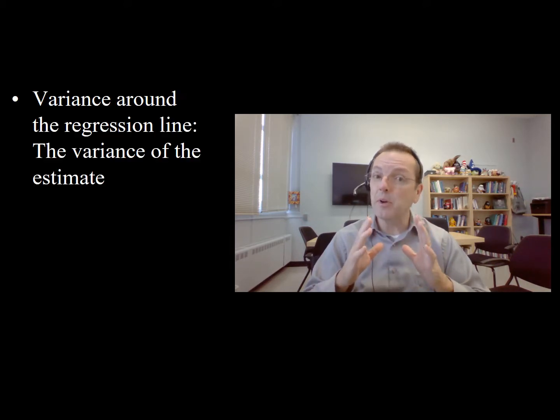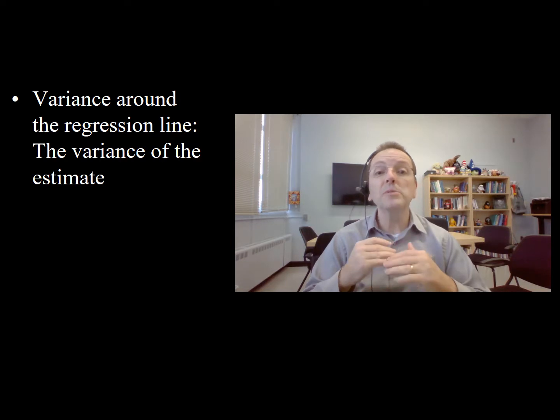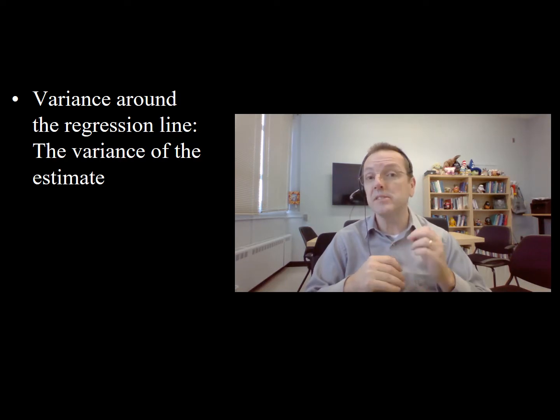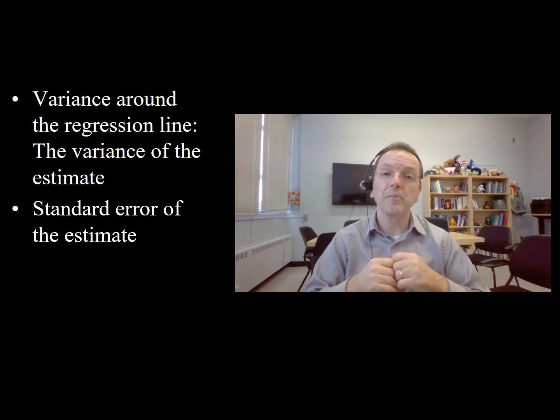So first you calculate the variance about the regression line. You then use that to calculate what we call the standard error of the estimate.